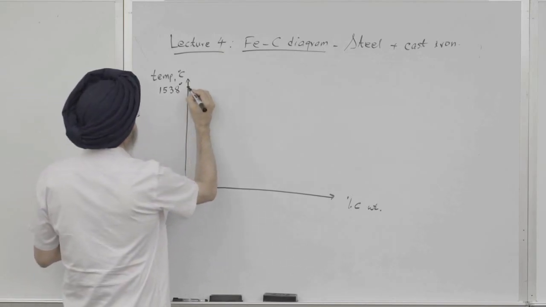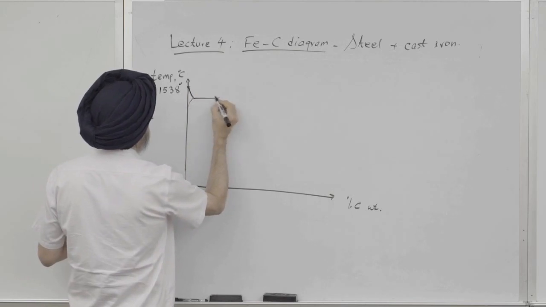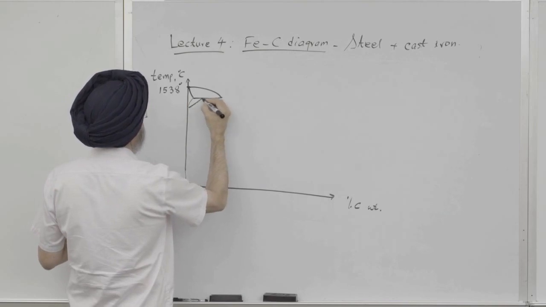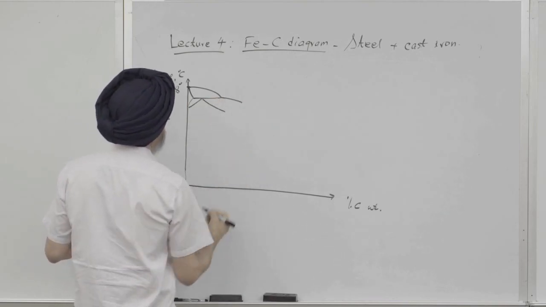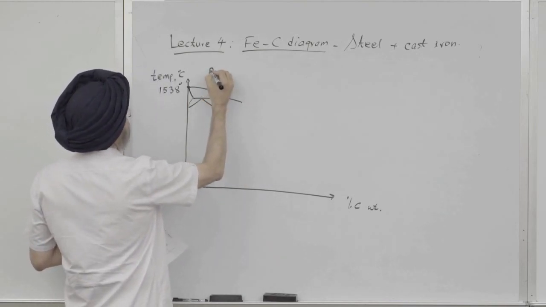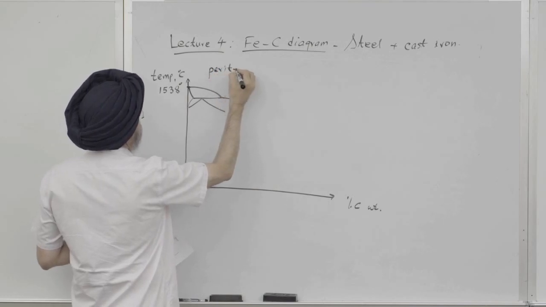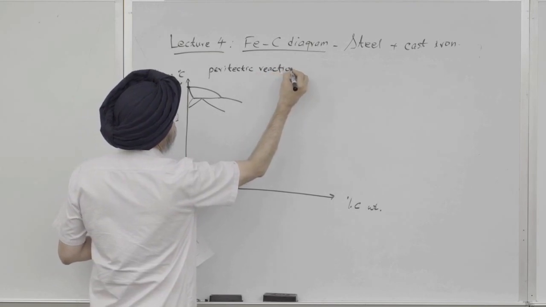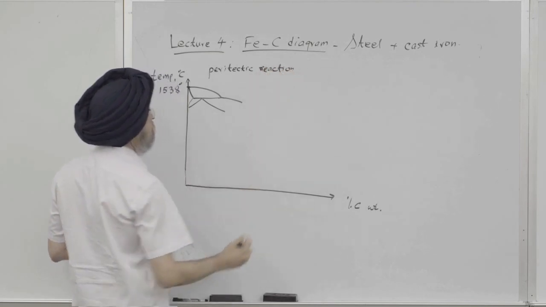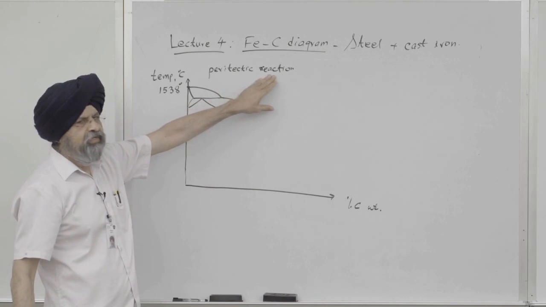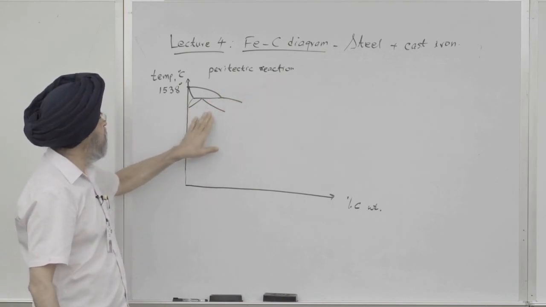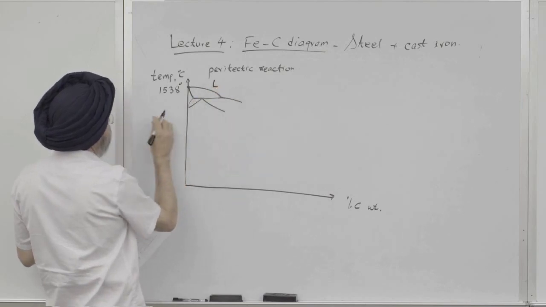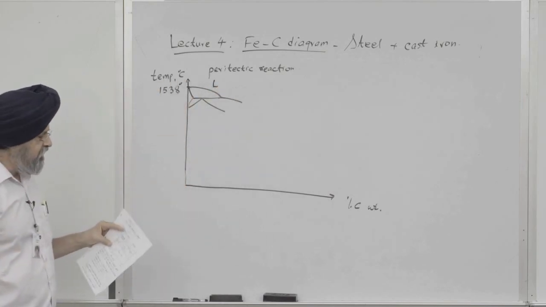And the first reaction is what we call the peritectic reaction. In these lectures we have not covered the peritectic reaction, so this is something new. Here we have liquid, which is above the melting point of iron.